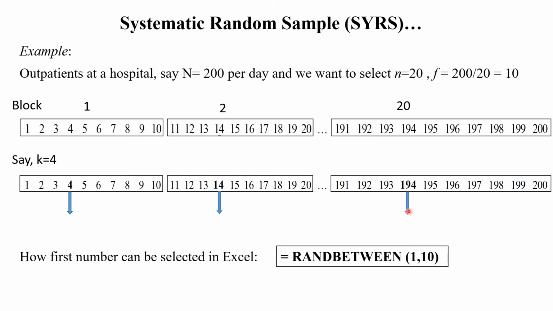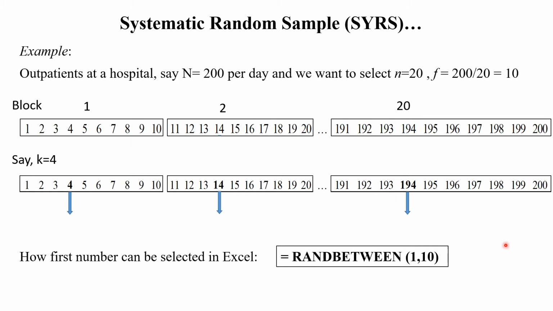So by the end of the day, you'll have the 20 patients we want. You already have 20 blocks. Each block, we're selecting one. Where the word random comes in, one is selected randomly from the first block. Supposing that's 4, follow through 4th, 14th, 24th, 194, and so on.